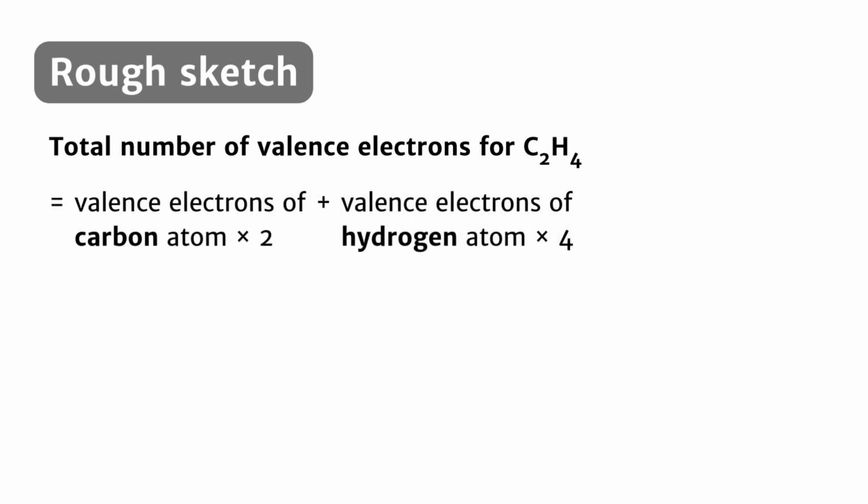With 2 carbons and 4 hydrogen atoms in C2H4, the total valence electrons calculation is 4 for carbon multiplied by 2 plus 1 for hydrogen multiplied by 4, resulting in a total of 8 plus 4, which equals 12 valence electrons for C2H4.